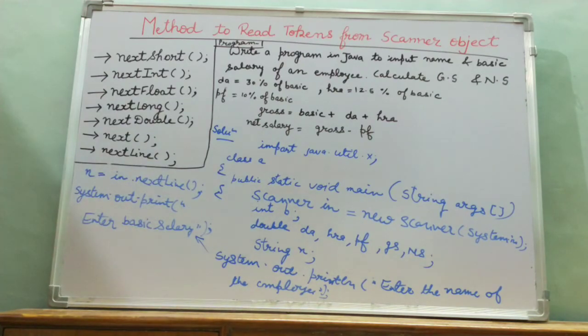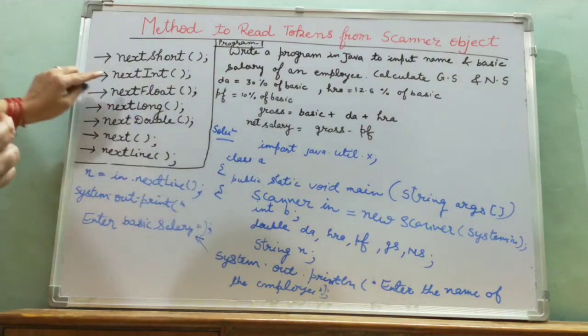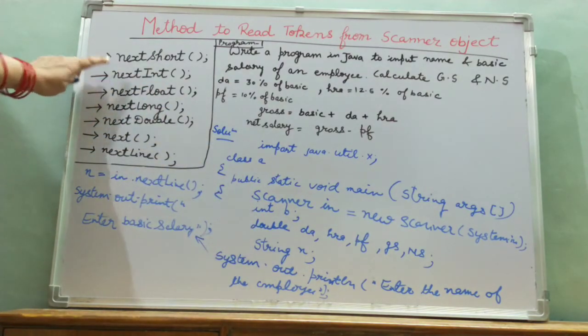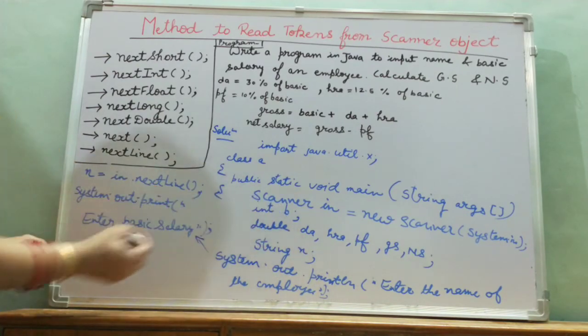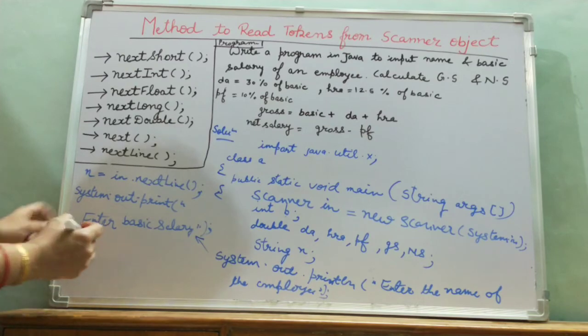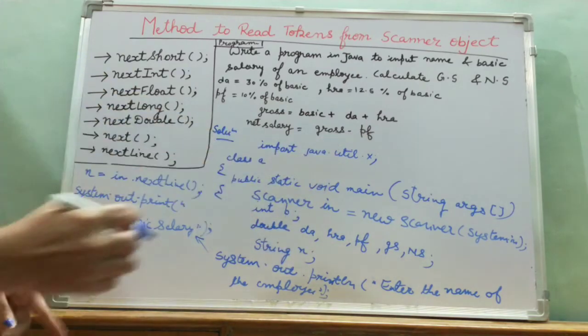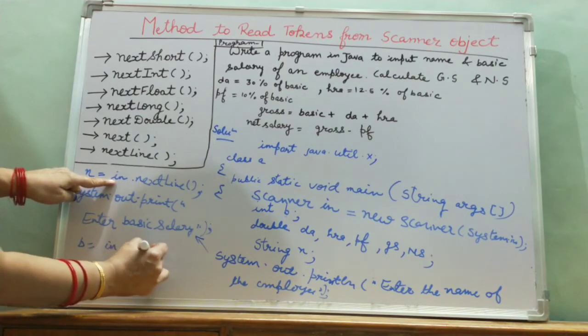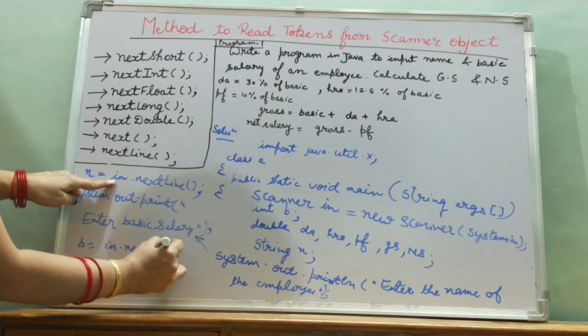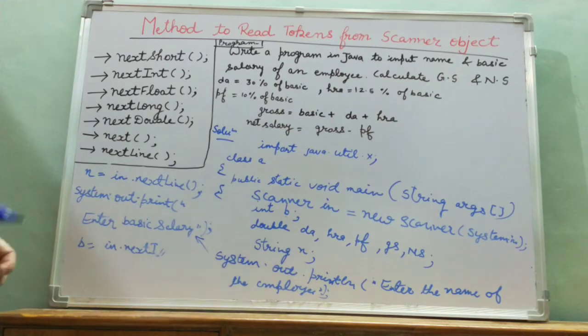Basic salary is an integer type, so we can use the method nextInt. The basic salary variable is B. Then B is equal to in.nextInt, the object of the Scanner class. Then we can enter the basic salary of the employee.